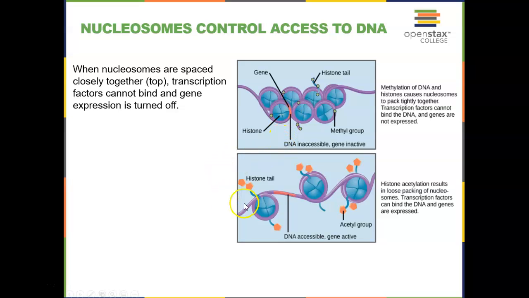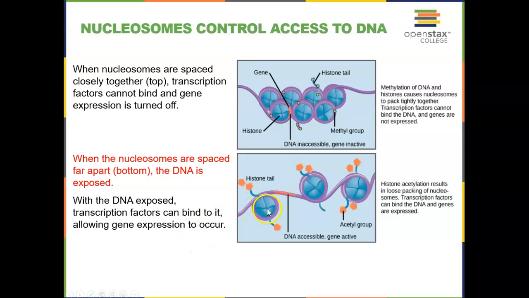So what we need to be able to do is unwind the DNA, so now the gene is accessible. So when the nucleosomes are spaced far apart, like here, we can now read those DNA. When the DNA is exposed, then the transcription factors can bind to it and allow the gene expression to happen.